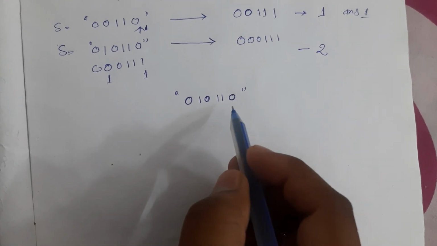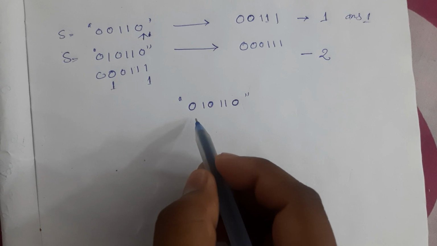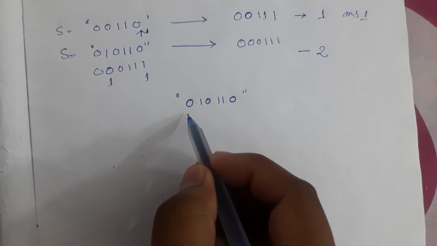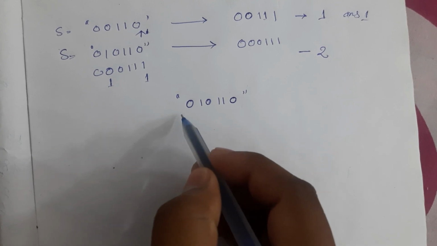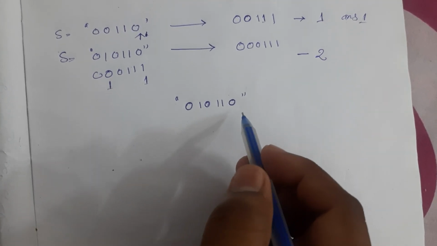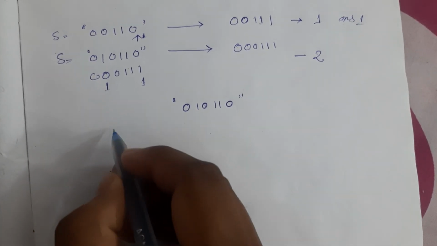One is the front array, another is the back array. The front array will calculate the number of ones and zeros from left to right, and the back array is the opposite of that, from right to left.